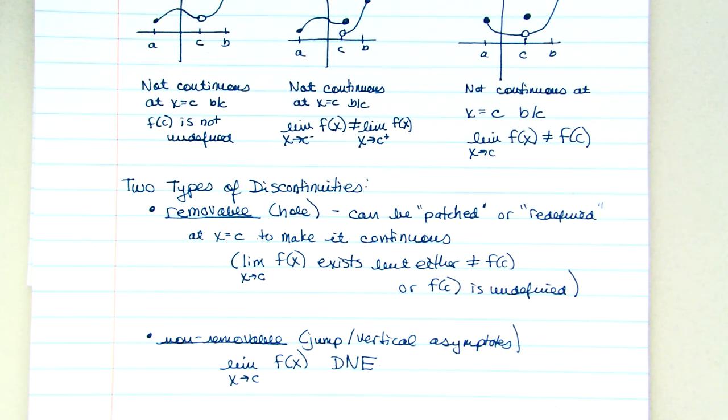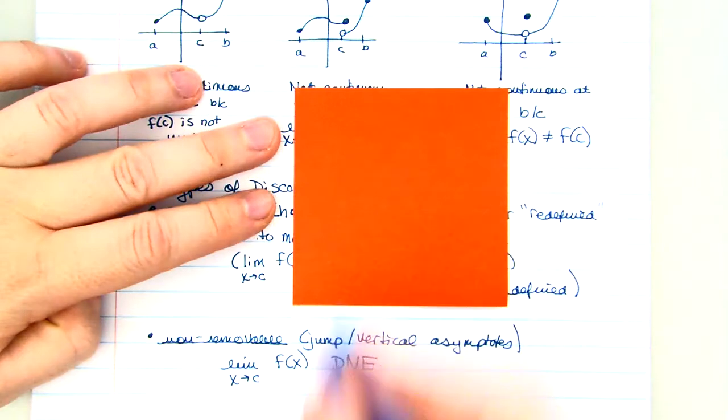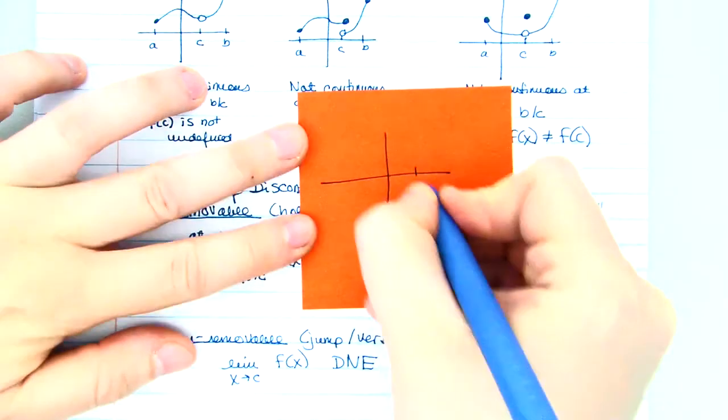What if we saw some functions where the two sides of the limit were approaching infinity? That would still be a vertical asymptote. Yes, and I'll explain how this is still okay.